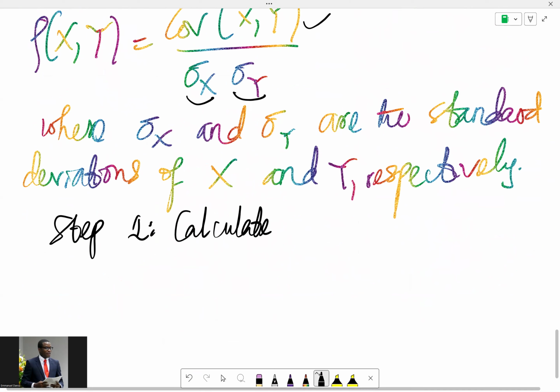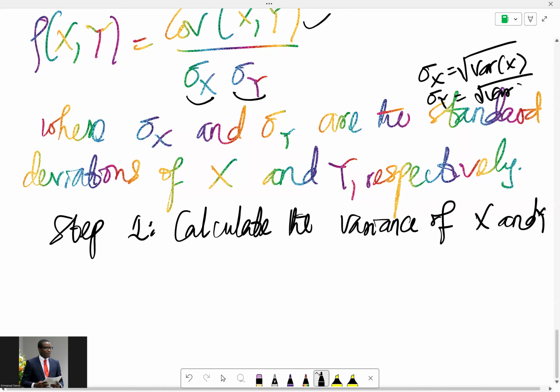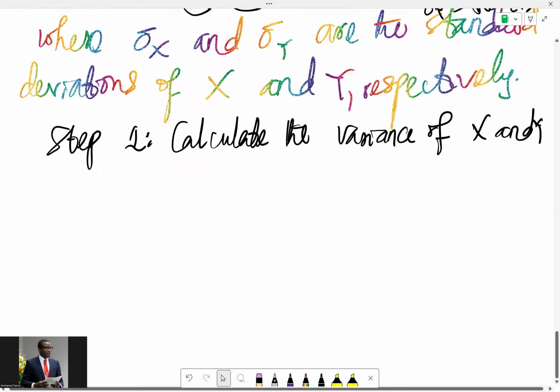So we start by calculating the variance of x and y. Sigma x is the square root of the variance of x, while sigma y is the square root of the variance of y. So calculate the variance of x and y.